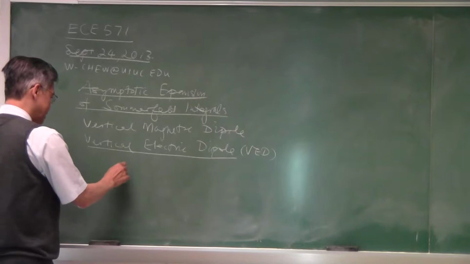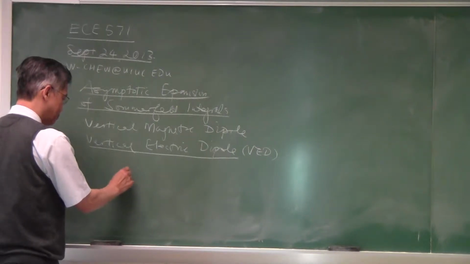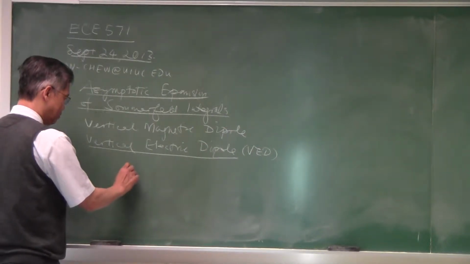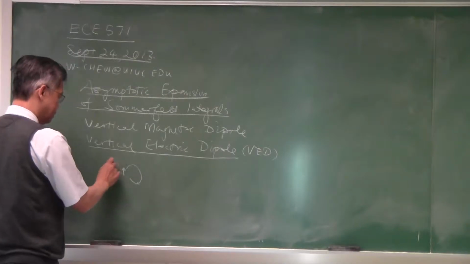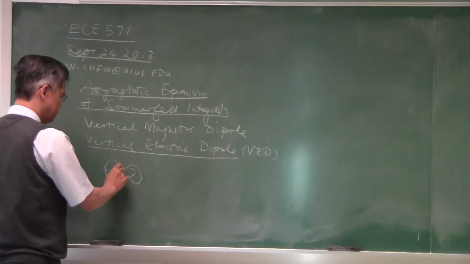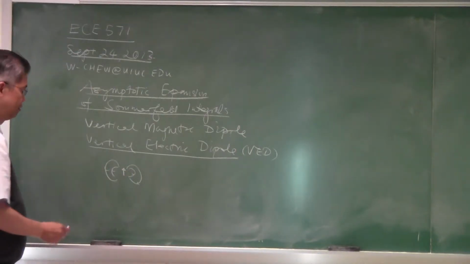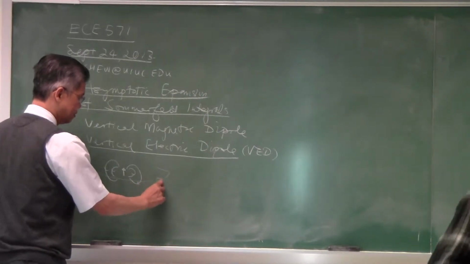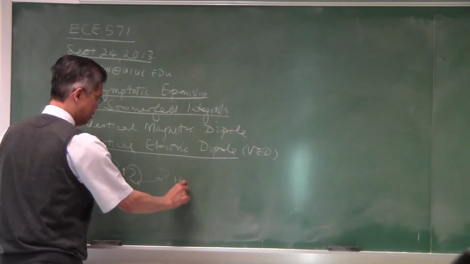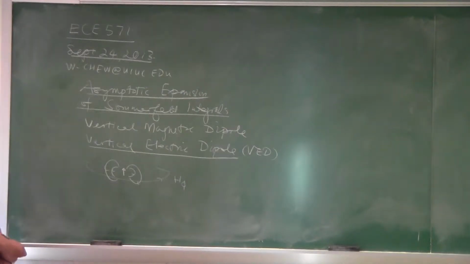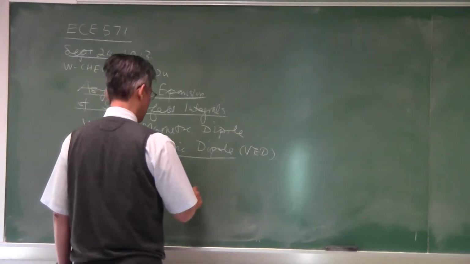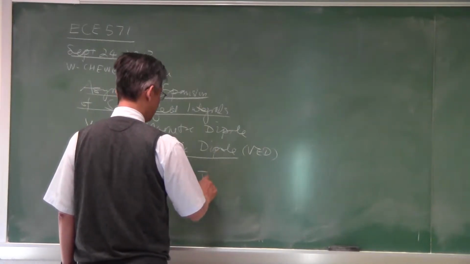So if you have a vertical electric dipole, the electric field will look something like this. The magnetic field will look something like this. H is primarily Hφ. So this produces primarily a TM wave.